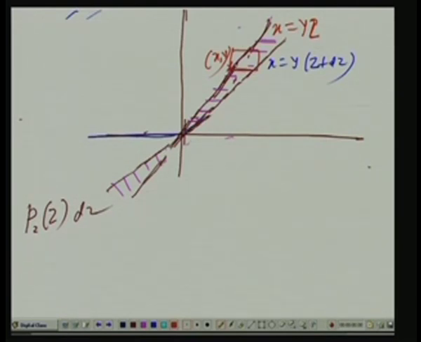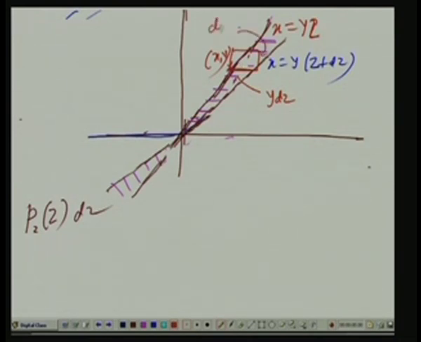Y is fixed, but earlier I had capital Z for this line, and here Z plus dz. As z goes from capital Z to capital Z plus dz, x increases from x to x plus dx. So, dx equal to nothing but y times dz. There is no problem here, y is positive, dz is of course positive, and this height is dy.